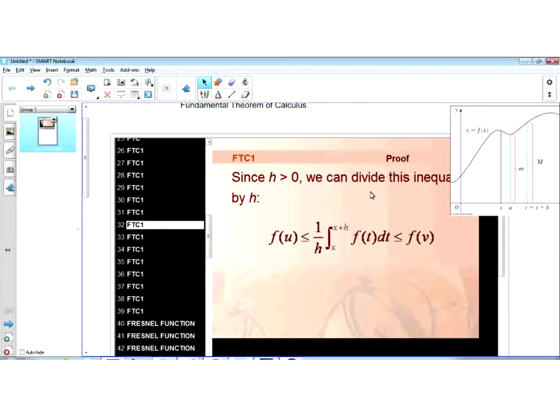And since h is greater than 0, we can divide this inequality by h. And so we have 1 over h times the integral from x to x plus h of f of t dt is wedged between f of u and f of v. All right, so we have this mathematical relationship.